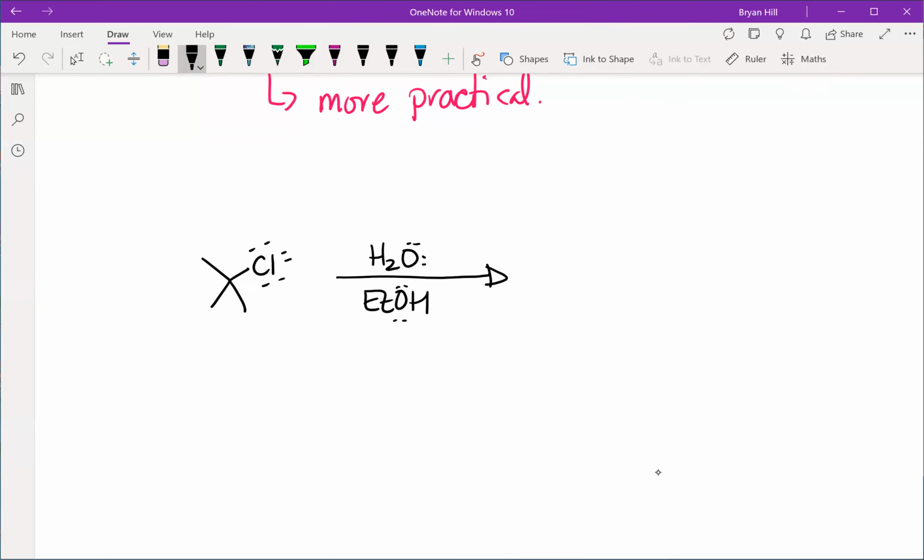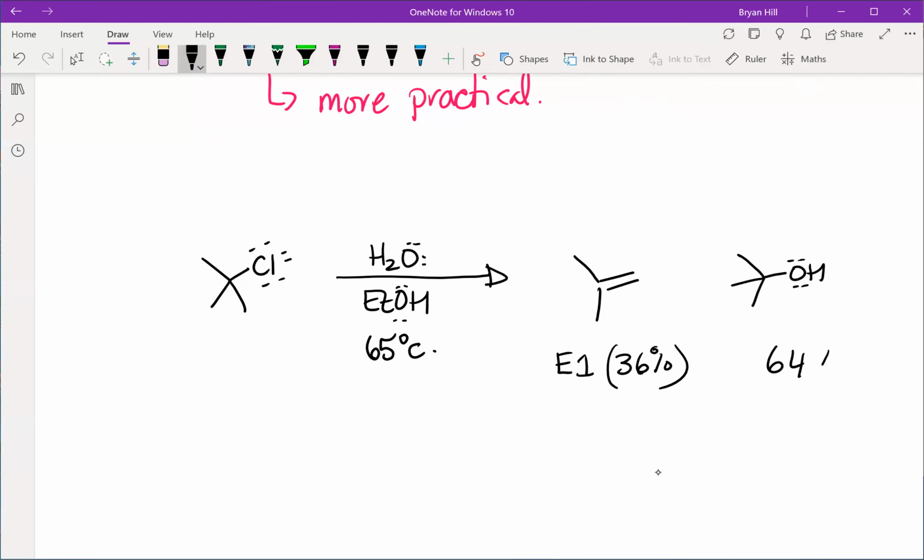Someone's done this. Heat this up at 65 degrees Celsius, and the products that they get are the E1 at, say, 36%, and the SN1 OH at 64%. So this is SN1.